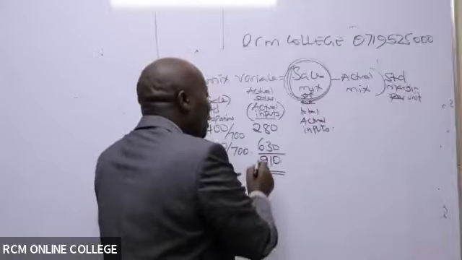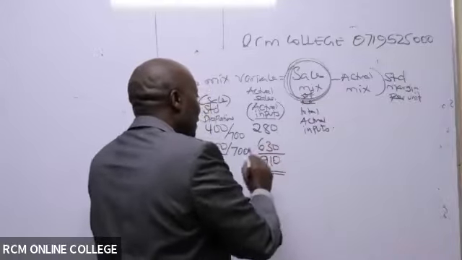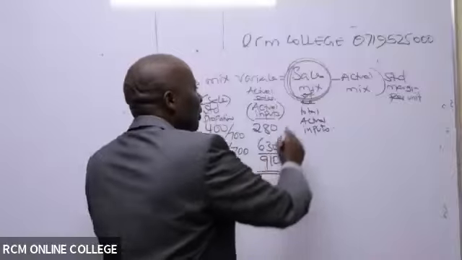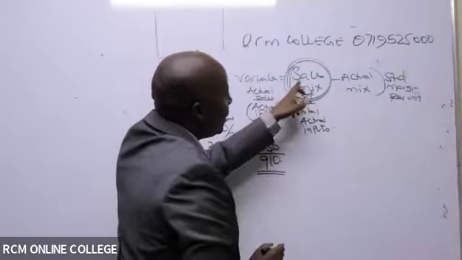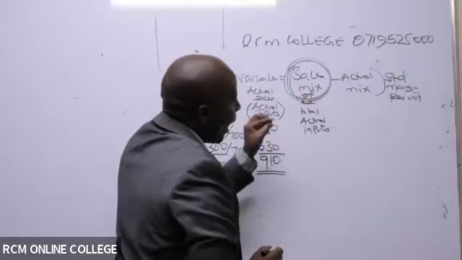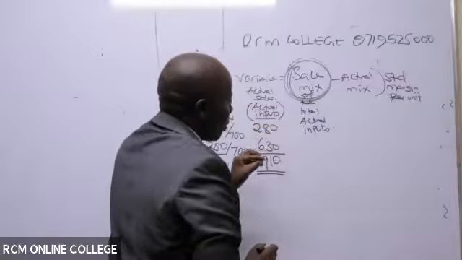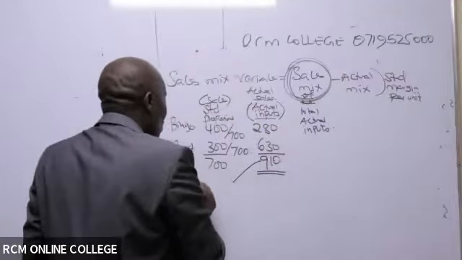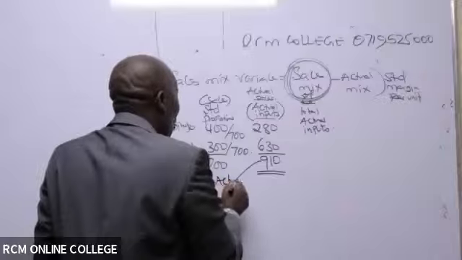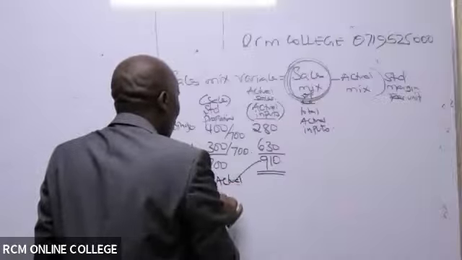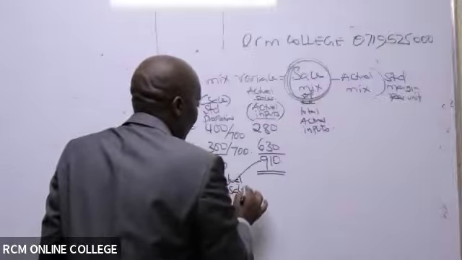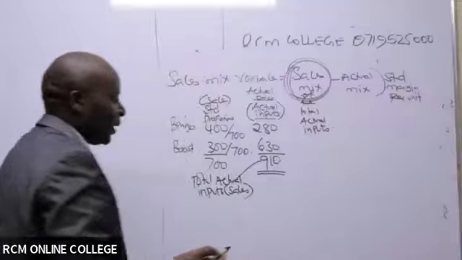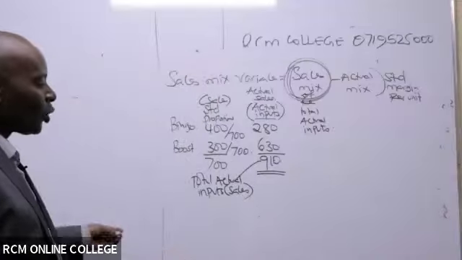This is what is to be revised, because you are saying it is the sales mix of the total actual inputs. This is what we would call our total actual inputs; remember, this is sales.